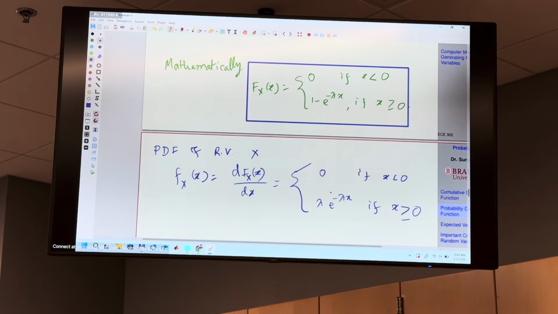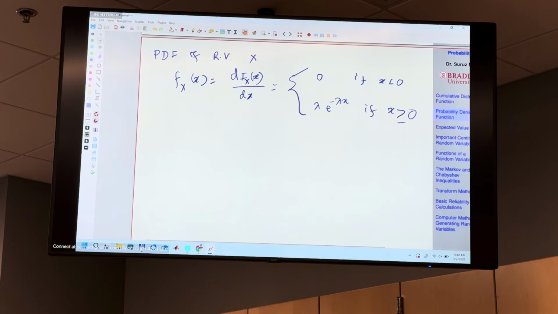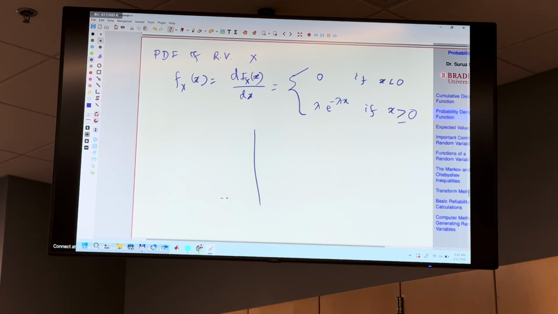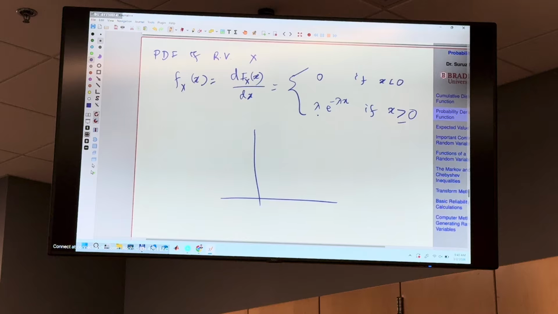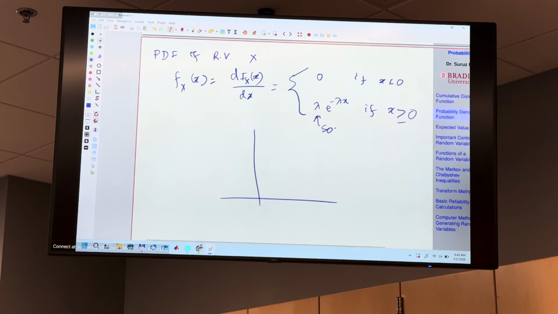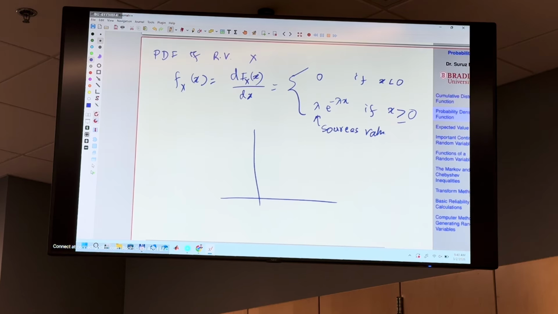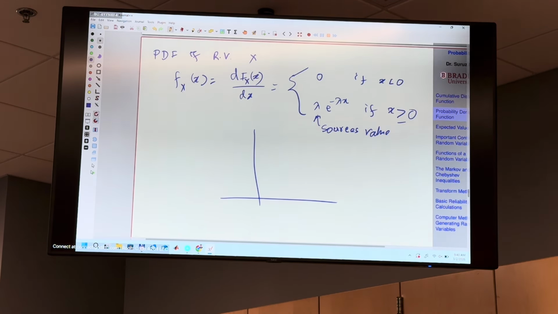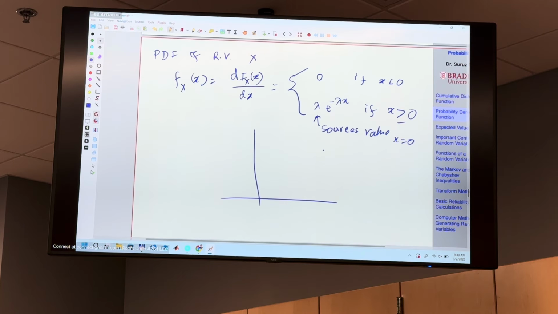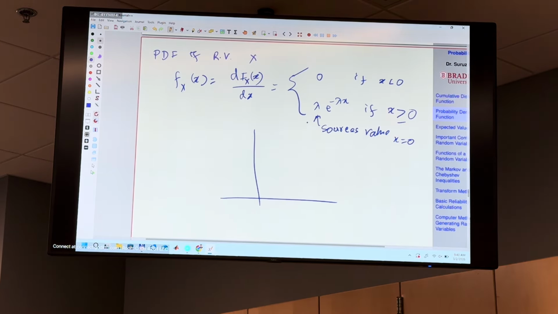And the meaning of this expression is basically the source value. So mathematicians say source value. What is source value? When x equals 0, this is the maximum value. When x equals 0, this value becomes 1 and this becomes lambda.